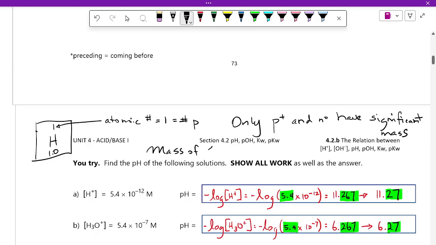The mass of one proton or one neutron is 1. Anyone remember the unit for that? AMU, atomic mass units. Okay, so if this is our average atomic mass, then how many neutrons are in this atom?